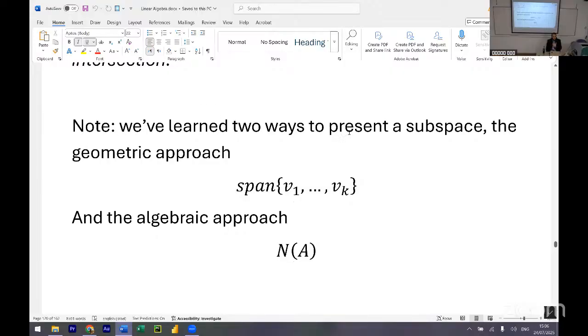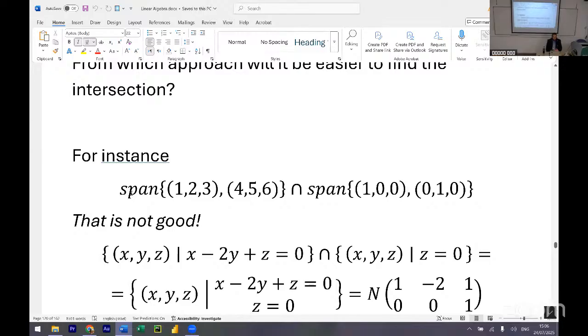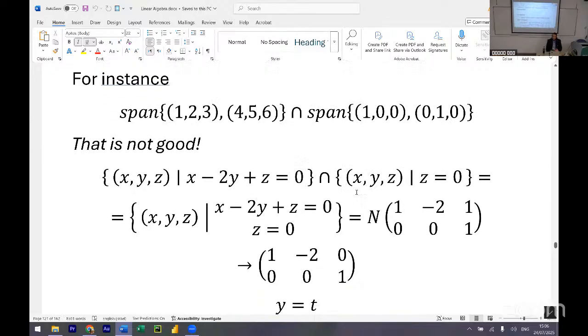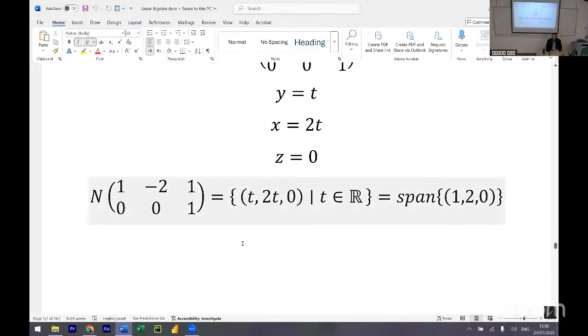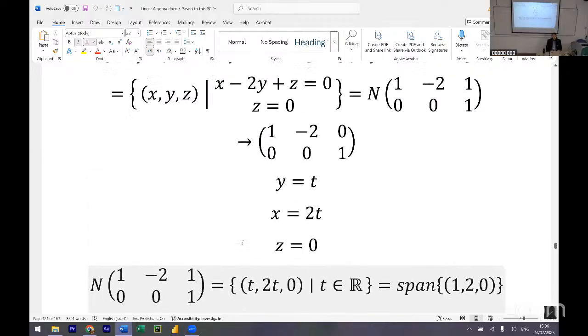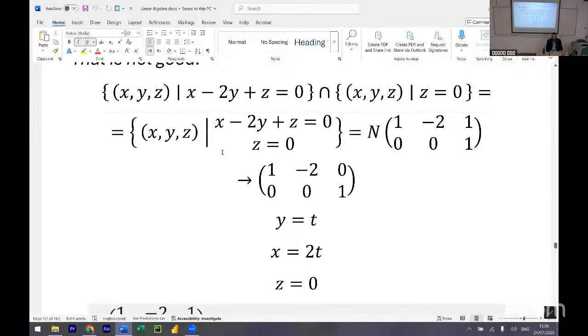I said, we've learned 2 ways to present a subspace, either by span or by the solution to a system of equations. And from which approach it's easier to find the intersection. And then I said span is not good. And then I've shown you that the algebraic is good, but I didn't write it, right? But that's important because I'm asking about intersection in the test, so don't be fooled by this.